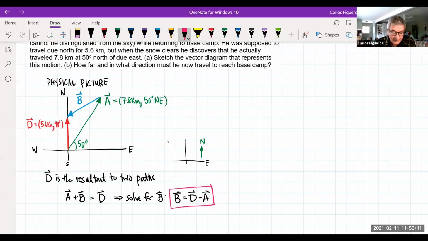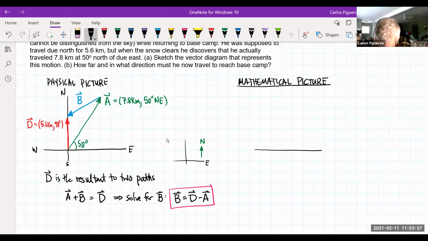But now if I go to the mathematical picture, we want to take all our vectors and put their tails at the origin. So let's go do that. So here we go. What do we know here? Well, we know D. So D is going where? It's going up like this.